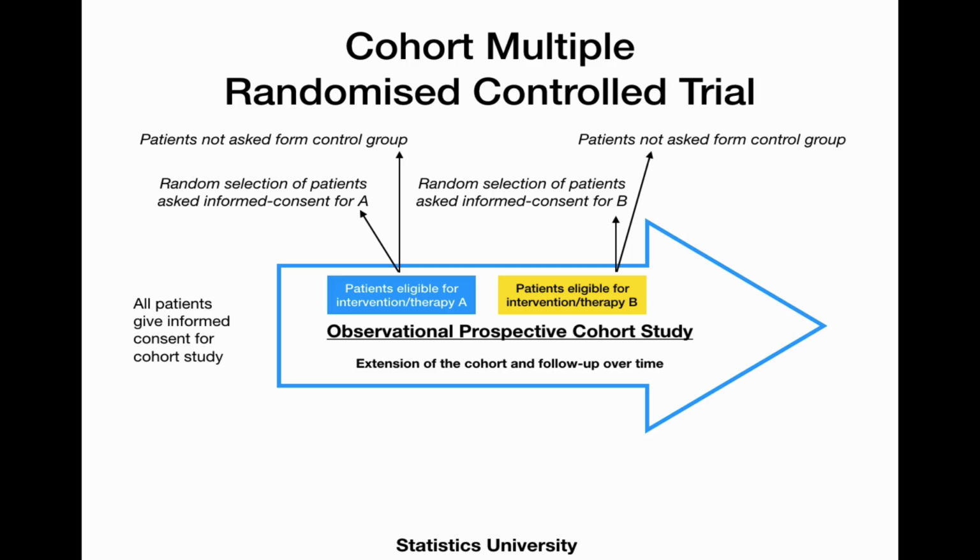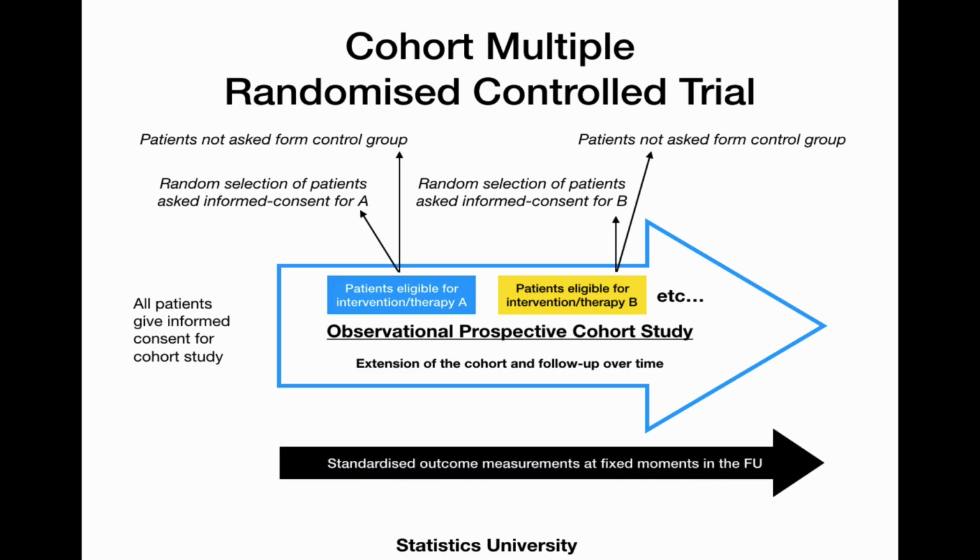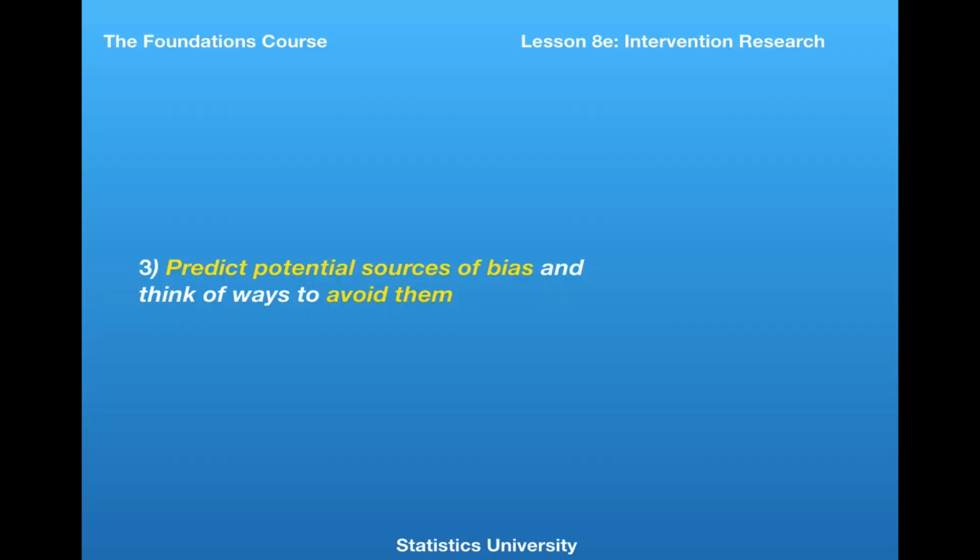And then we can do the same for multiple other therapies and thus start multiple randomized controlled trials within the prospective cohort study. And during the prospective cohort study, we standardize outcome measures at fixed moments in the follow-up. At those moments, the experimental intervention groups are compared to the control groups.